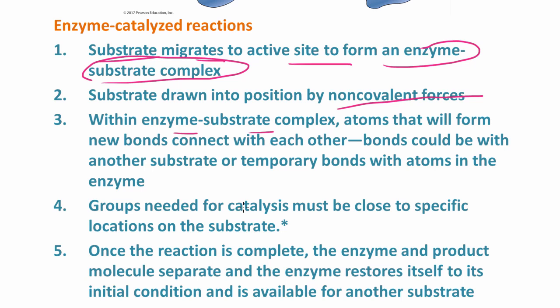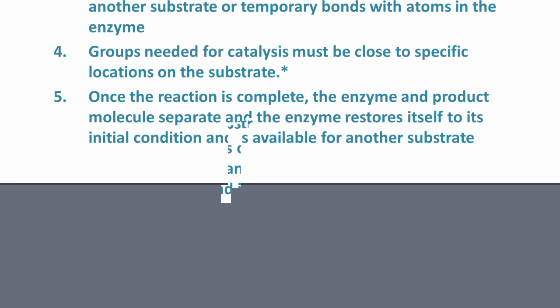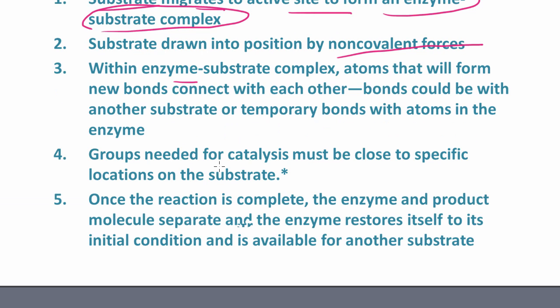And don't forget, we also have any cofactors that might be needed for the reaction. Groups that are needed for catalysis have got to be close to specific locations on the substrate. Remember, some molecules might be too small to induce the proper alignment, and therefore will not be able to react. Only the proper substrate is going to be capable of inducing the proper alignment of that active site.